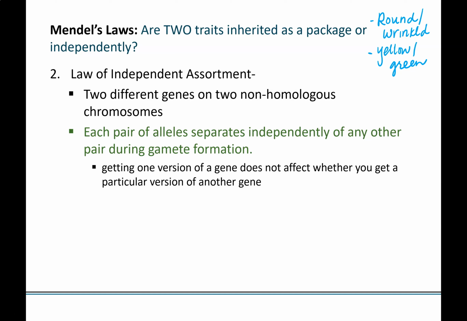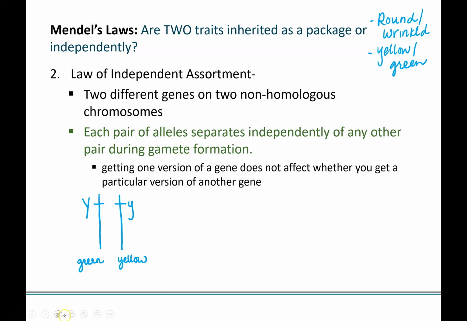What this basically says is getting one version of a particular gene does not affect what version you get of another gene. So let's say that we have a chromosome that contains gene Y. This is going to be for green and yellow pea color.